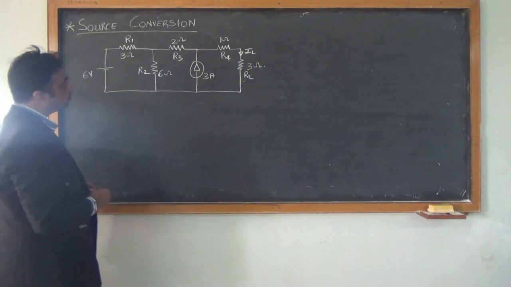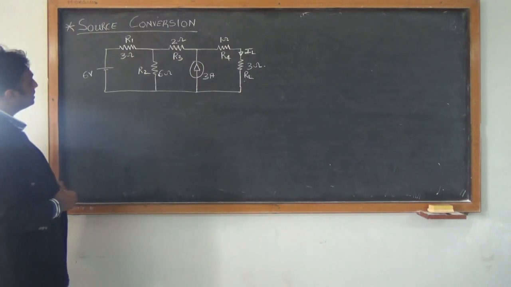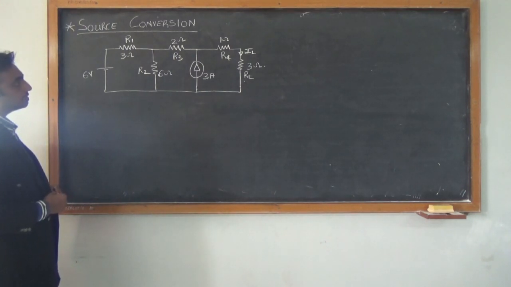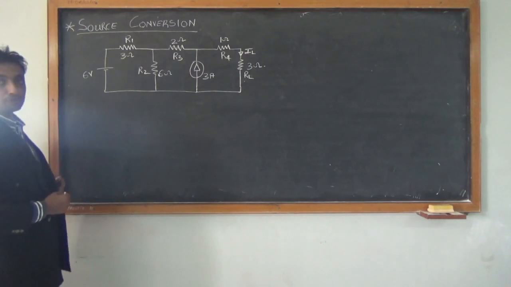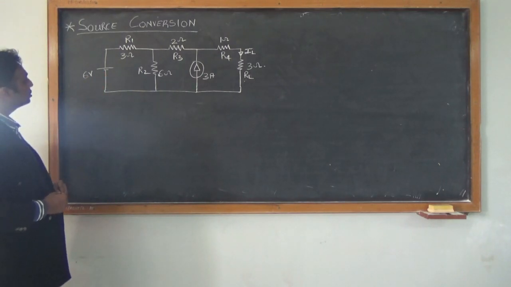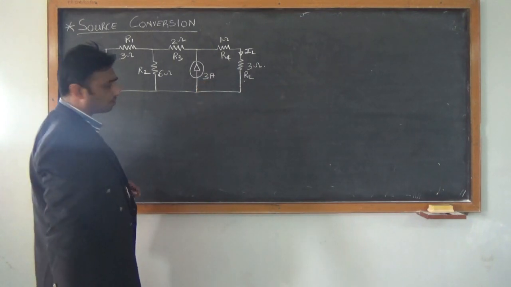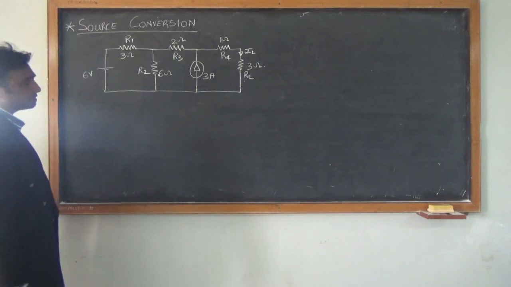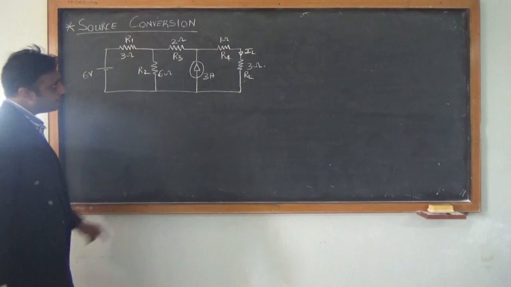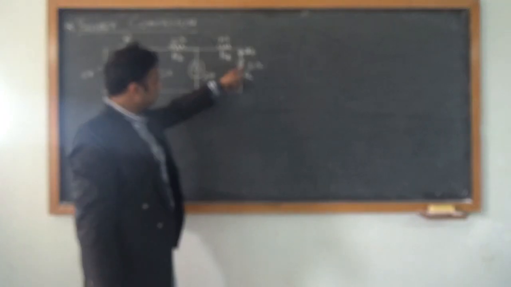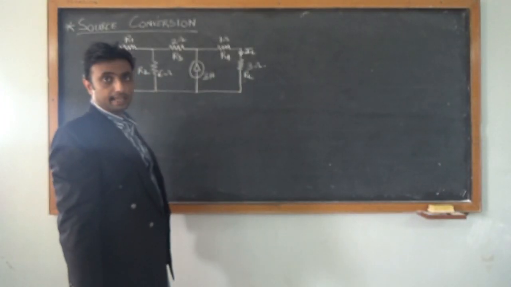Before we move forward, we have to see how many sources are connected in the circuit. We have 2 sources: a voltage source of 6 volts and a current source of 3 amps. And we have to find the current flowing in this resistor of 3 ohms.